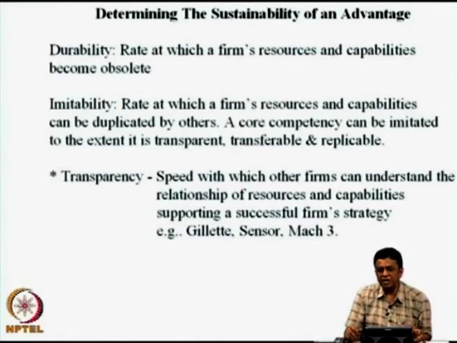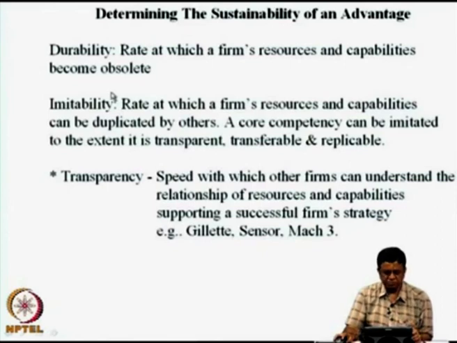So, I took the example of Gillette, the Match 3, though there are many competitors, not able to really duplicate this strategy. The result is the company's product line has been successful, it is doing well in the marketplace.